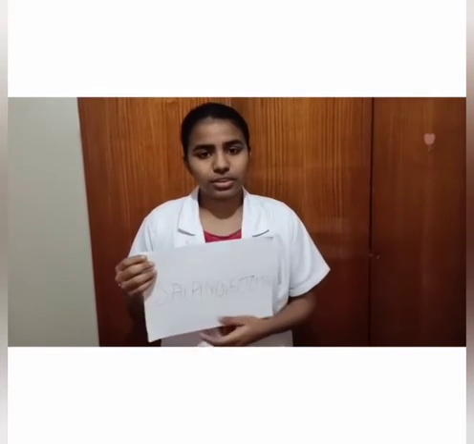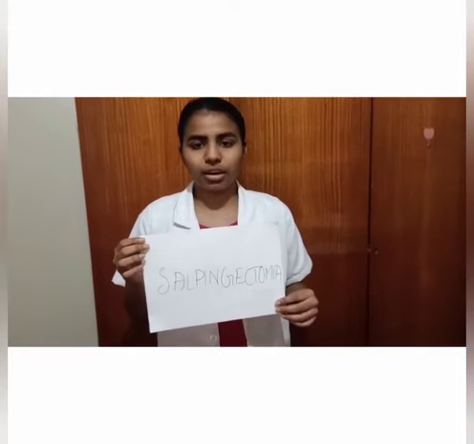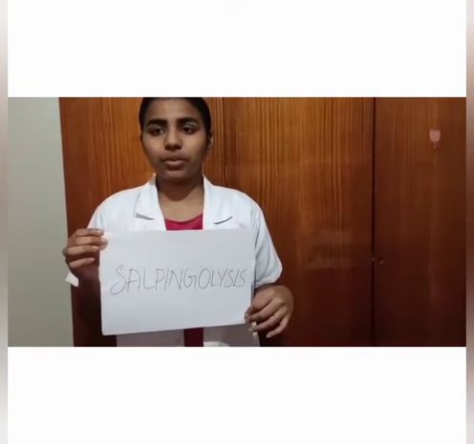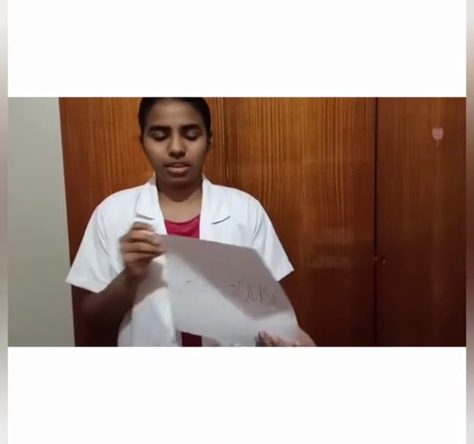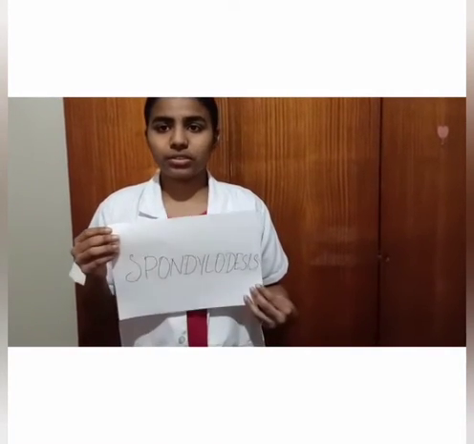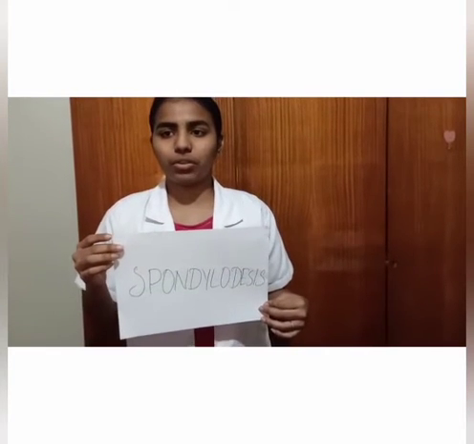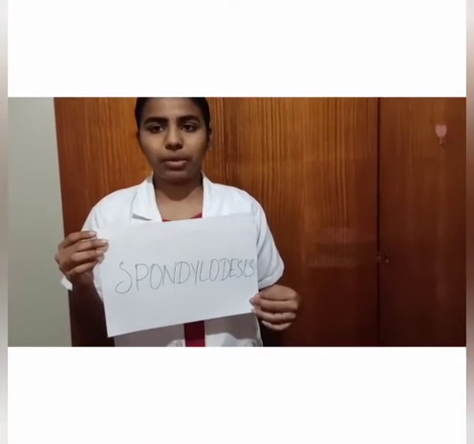And this one is salpingectomia, gender feminine, an excision of a uterine tube, salpingectomy. Salpingolysis, gender feminine, breaking down of adhesions in a uterine tube, salpingolysis. And spondylodesis, gender feminine, the operation of fusion of the spine, usually by a bone graft, spondylodesis.